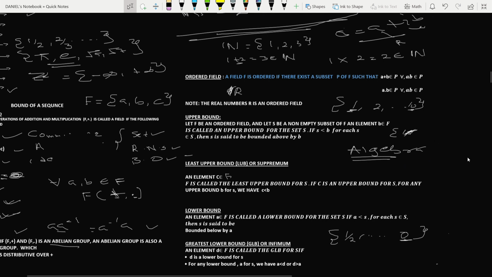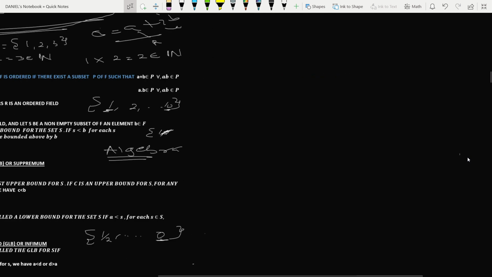Okay, so when we say an ordered field, let's say you have: let F be an ordered field, and field F is ordered if there exists a subset P of F such that A plus B is in P.